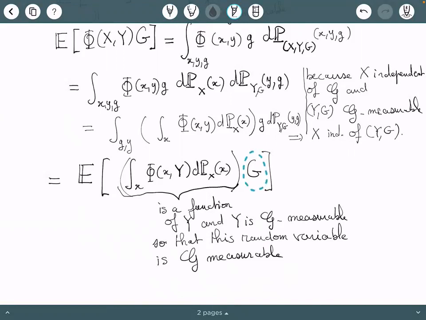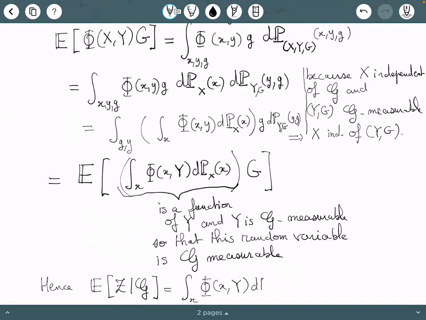So I use the fact that g was G measurable here, because when I say that Yg is G measurable, so that x is independent of Yg, it is there that I use that. So the conclusion is that the conditional expectation of Z given G is just the integral over x of phi x y dPx x.